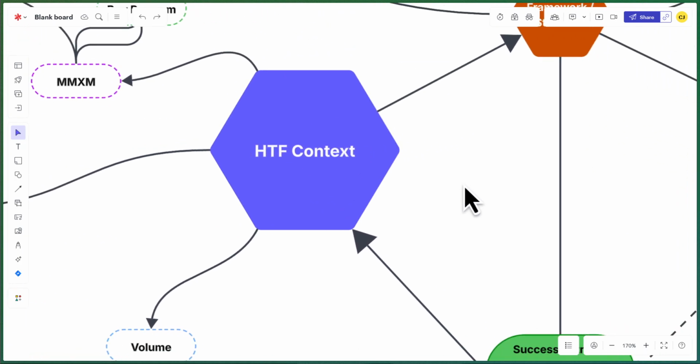When I say higher time frame, I'm talking about everything from the 4 hour chart and above. Some people consider the 4 hour mid time frame, whatever. It doesn't really matter what you call it. At the end of the day, what determines whether it's higher time frame, lower time frame, or mid time frame is the type of trader you are.